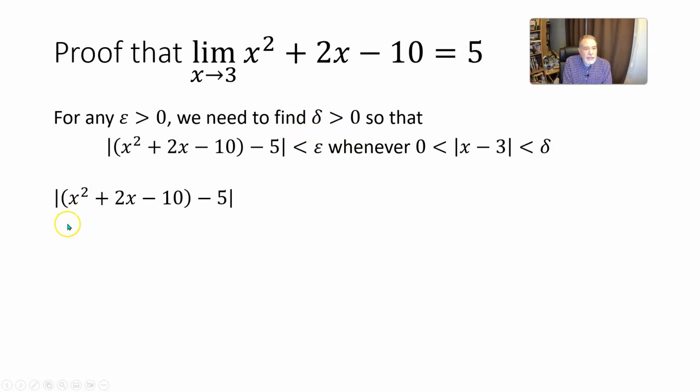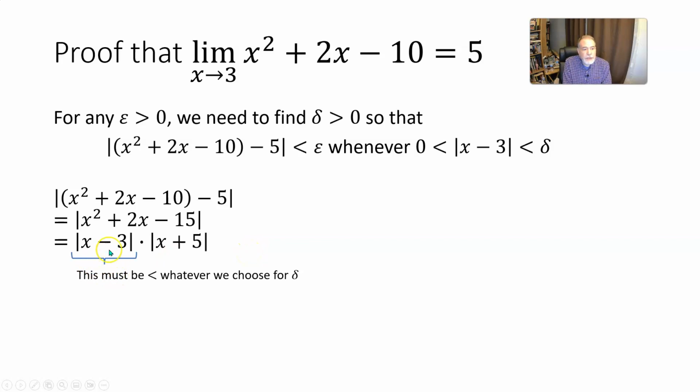So look at that expression, the absolute value of x squared plus 2x minus 10 minus 5. We can, of course, simplify that to the absolute value of x squared plus 2x minus 15. And then we can factor that into x minus 3 times x plus 5, both inside absolute value bars. Now that first factor, that x minus 3, is the one that's less than delta. So that part of it has to be less than whatever we choose for delta.